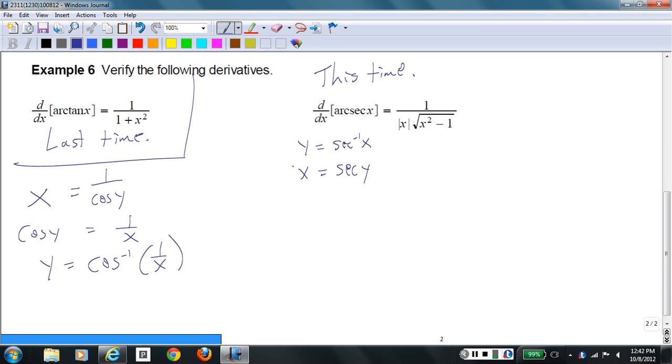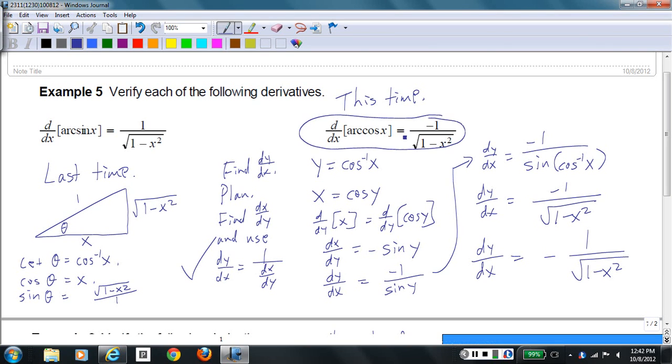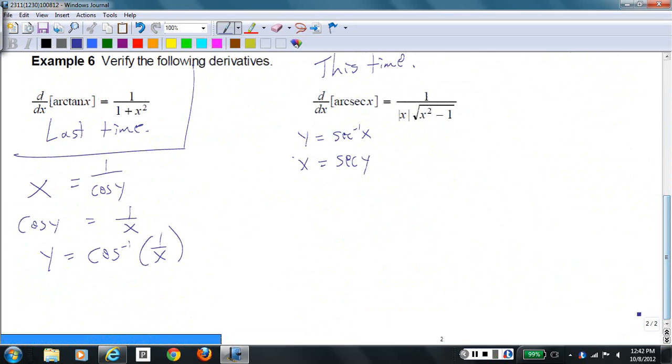And the advantage to that would be we already have a formula for the derivative of the inverse cosine: negative 1 over square root of 1 minus x squared. So if we wanted to, we could use the chain rule to find the derivative of inverse cosine of 1 over x. That would be one approach. And if we had limitless time to talk about such things, it might be good to take both approaches and see if they get the same final answer.